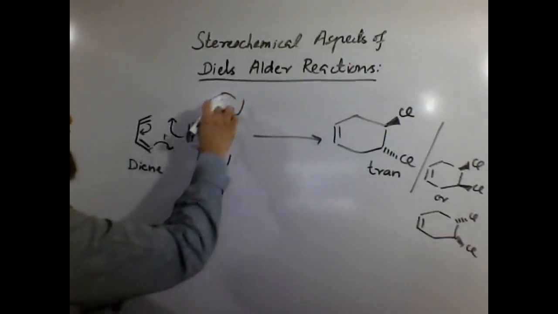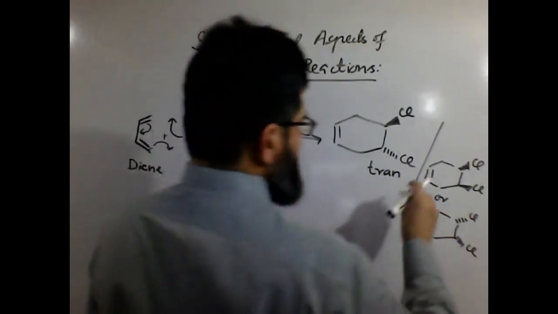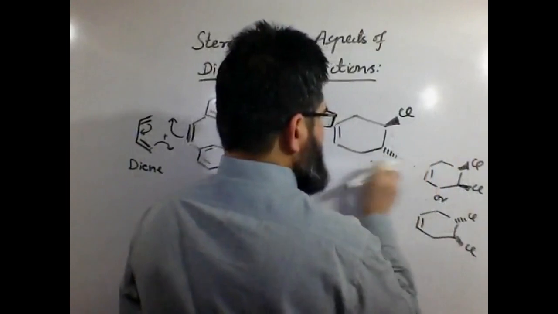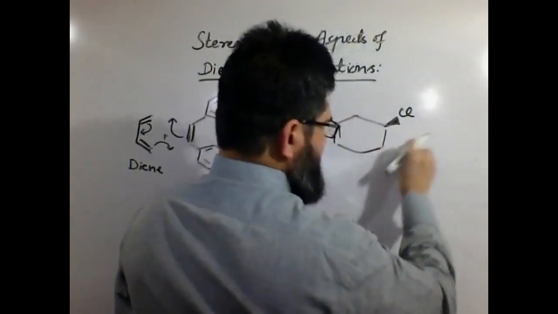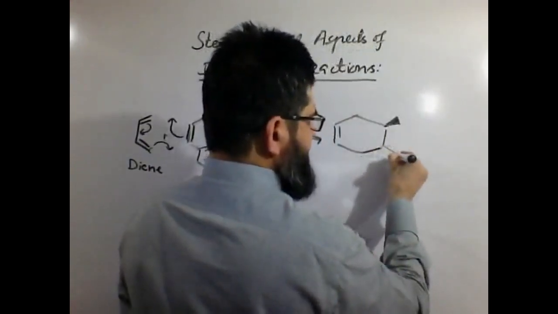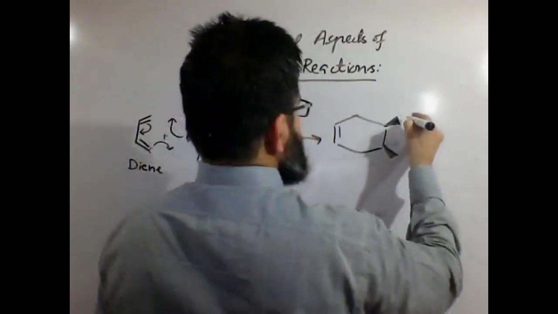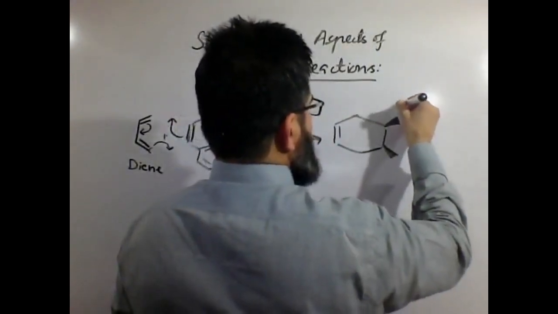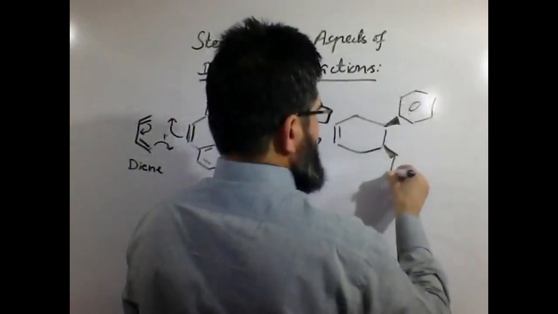At the moment the two benzenes are cis to each other, so we write them in the same direction, both as bold bonds, and then we can write the benzene something like here.